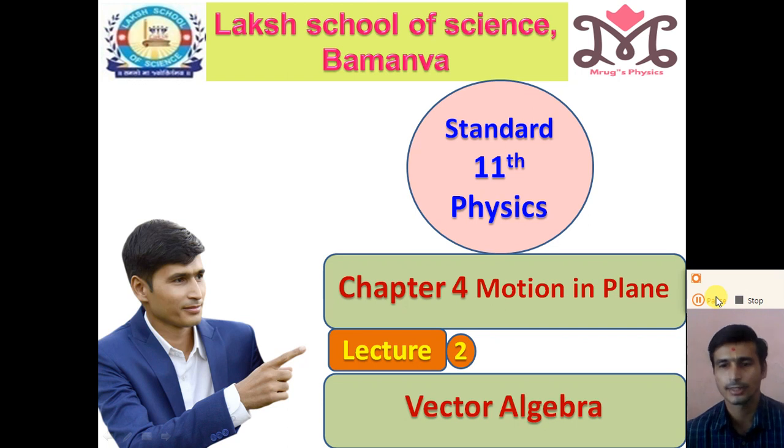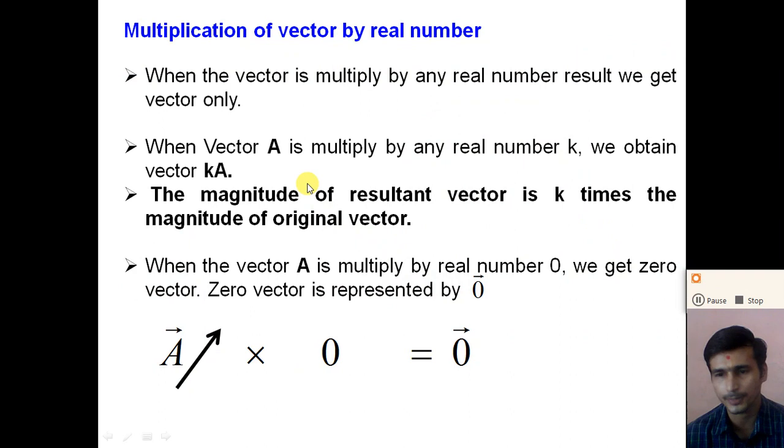Dear student, first of all let us start with the first point of vector algebra, that is the multiplication of a vector by a real number. How is a vector multiplied by a real number, and what result do we get, right? First of all, what is a real number?